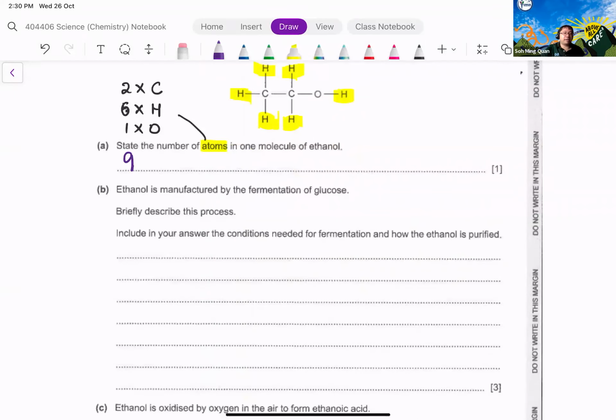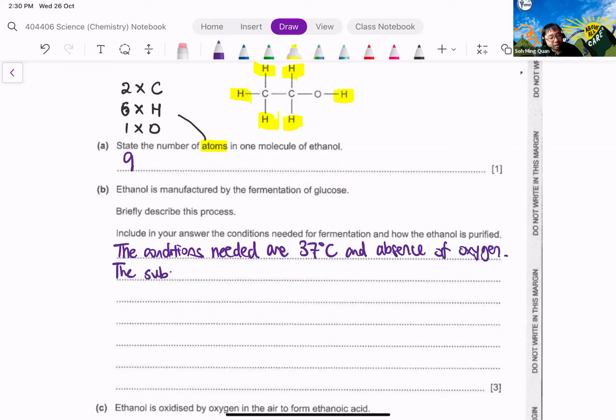Next, ethanol is manufactured by the fermentation of glucose. Briefly describe this process. Now, describe means you have to really explain already. The best way to do this is to start with conditions and substances needed. So I start with conditions first. The conditions needed are 37 degrees Celsius and absence of oxygen. This one we went through yesterday.